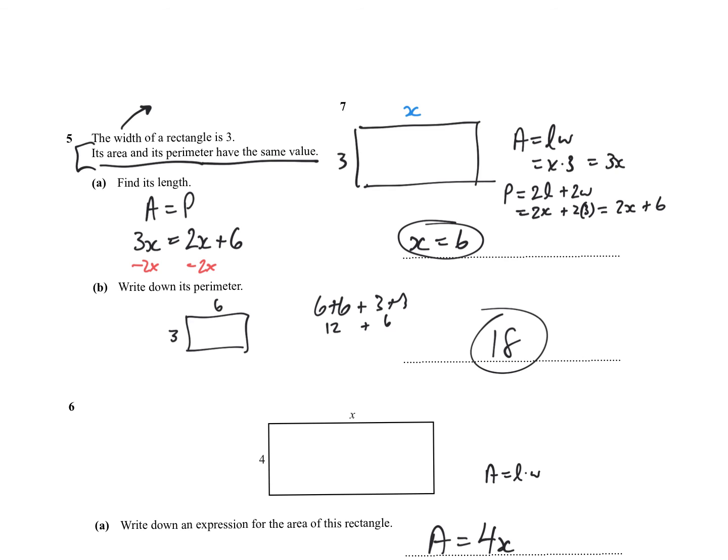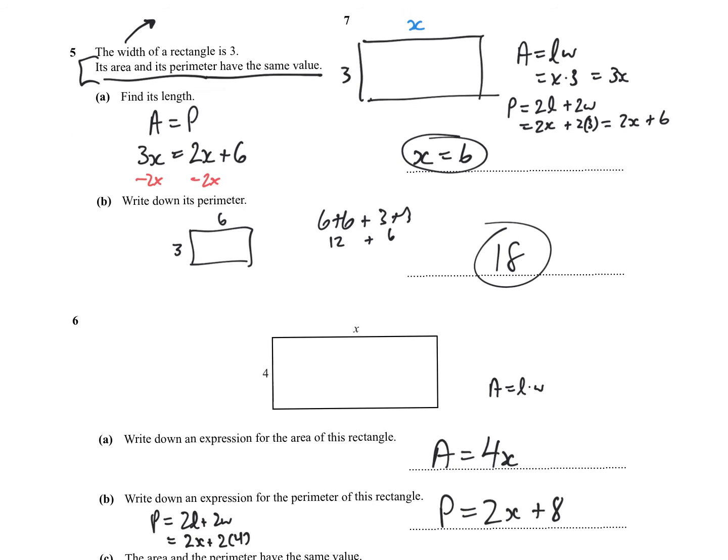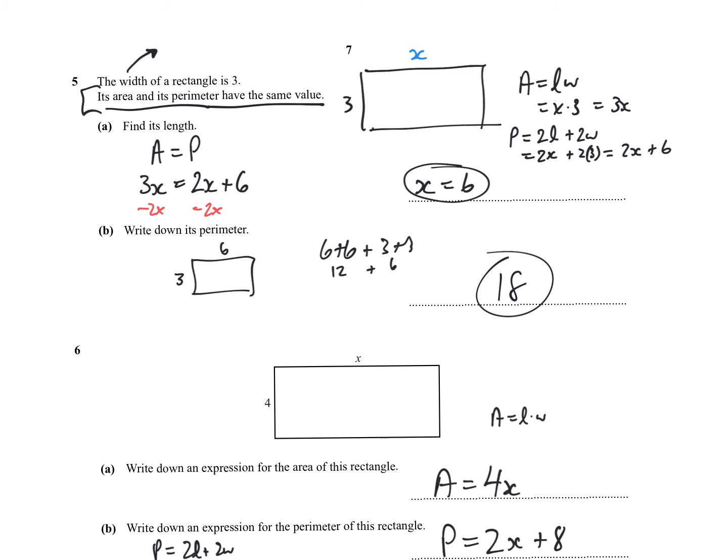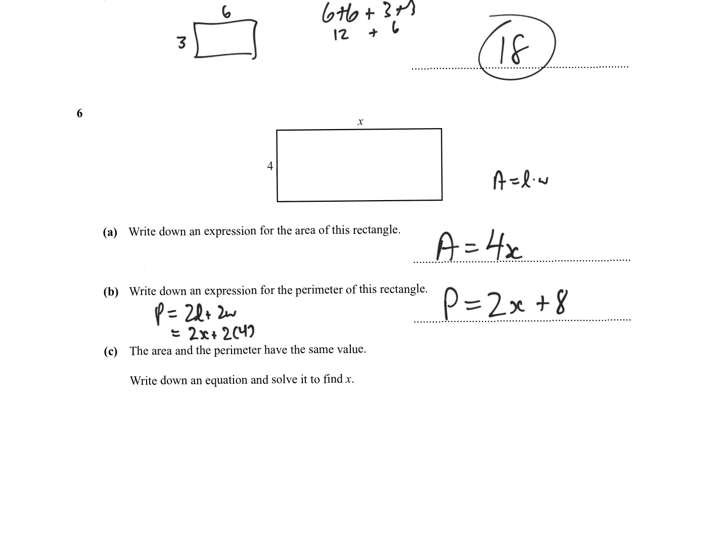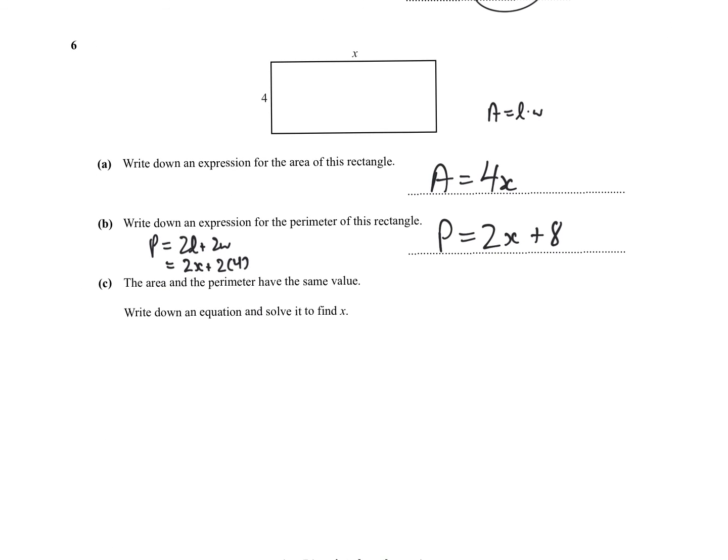The width of the rectangle is 3, area and perimeter of the same value, and you could try out a couple of different lengths, and you might be able to find it on your own. But I don't know. I like the idea of finding an equation, structuring the information that's provided in an equation form so that I know that I'm working my way towards the correct solution.